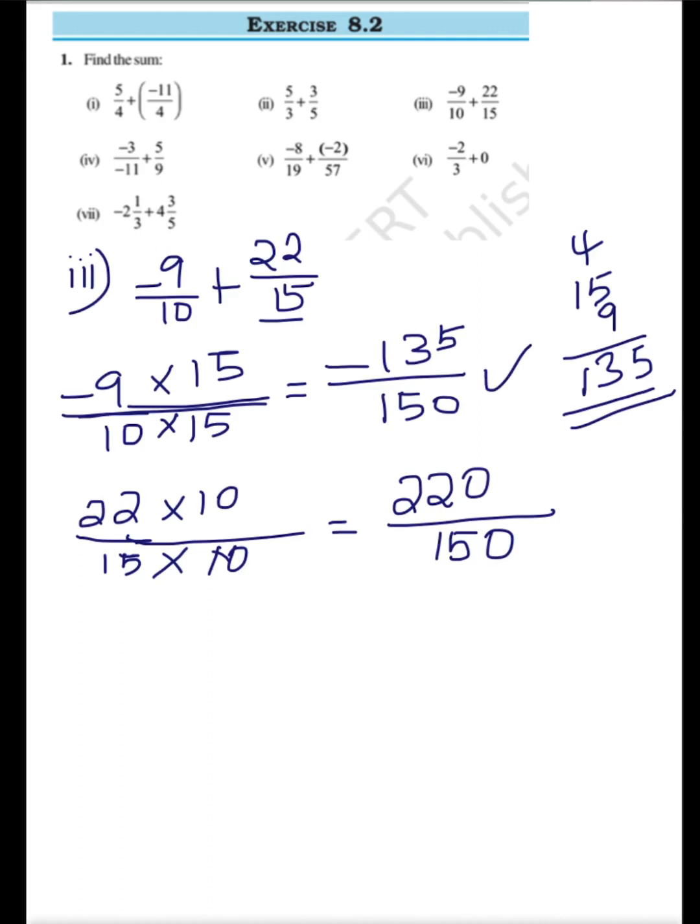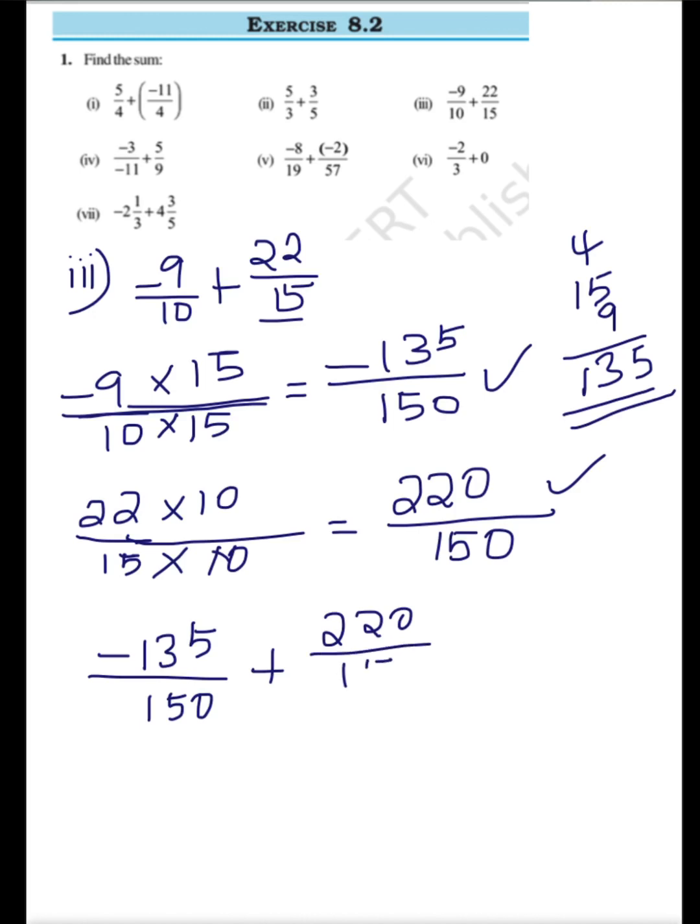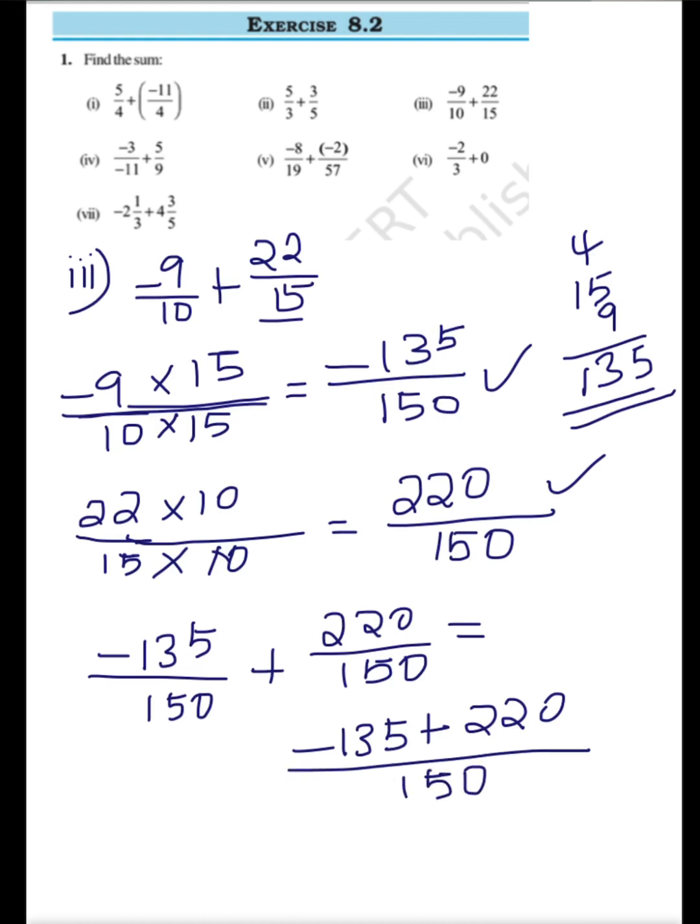Okay, now both of its denominators are same, so you need to just add them. That is minus 135 by 150 plus 220 by 150. Okay, so it will be equal to minus 135 plus 220 divided by same denominator, which is 150.